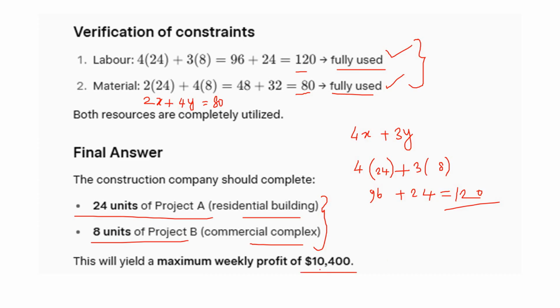The weekly profit for the company is around $10,400, and per month, if you calculate by multiplying it with 4, you get $41,600 per month as the profit.